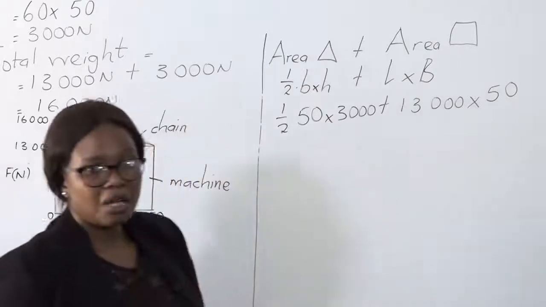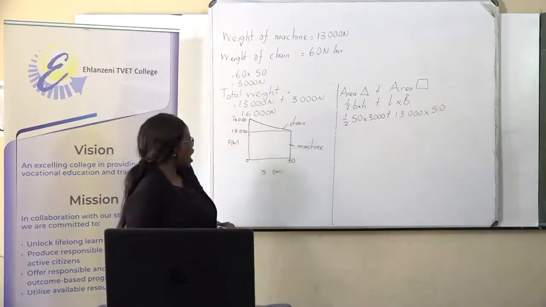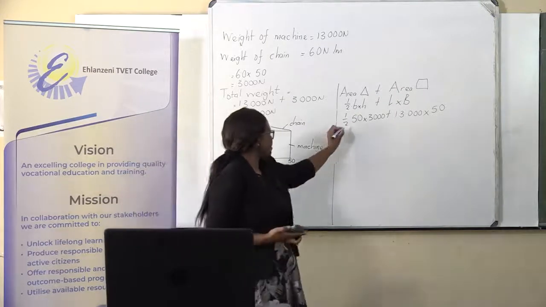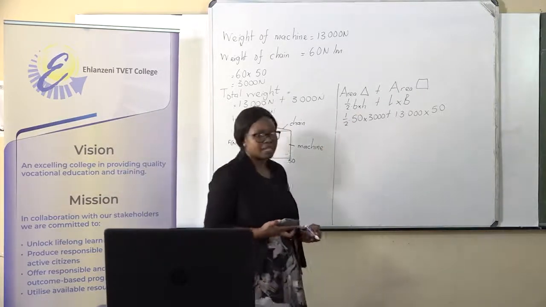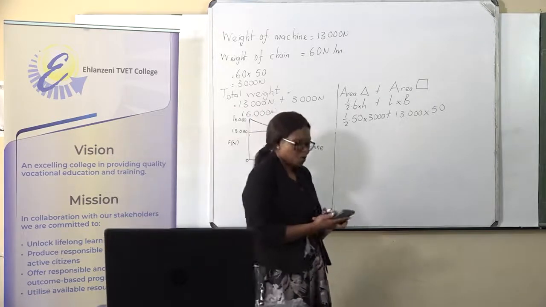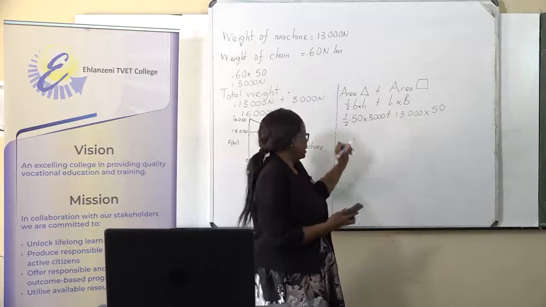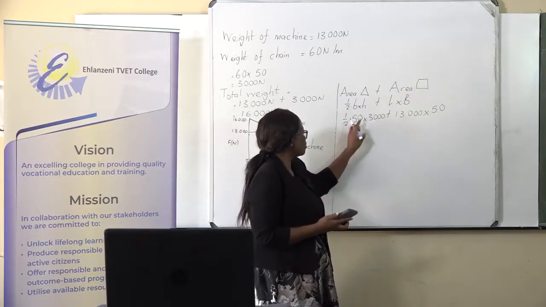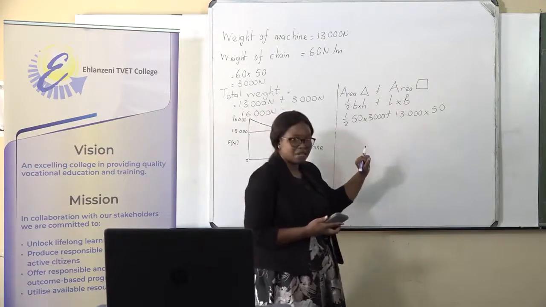Then let's work it out. Let's calculate half base times height. Half times 50 times 3,000. Let's punch it on our calculator. What do we get? Half of 50 is 25 times 3,000.